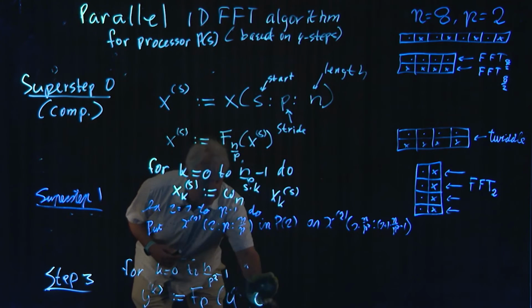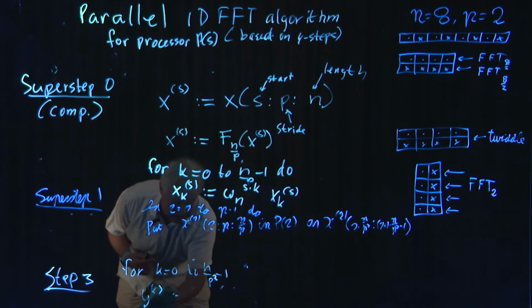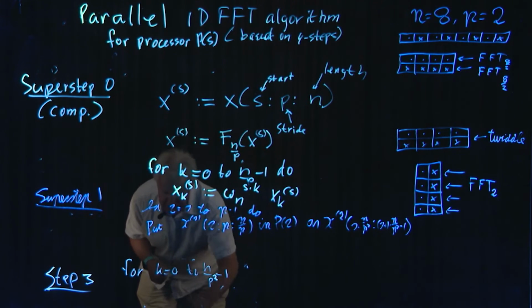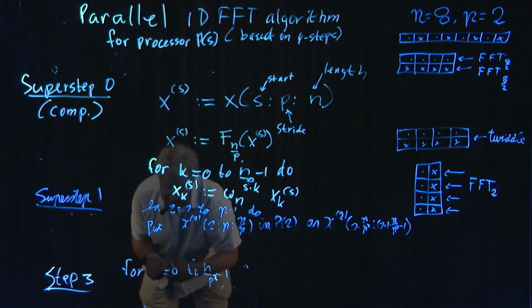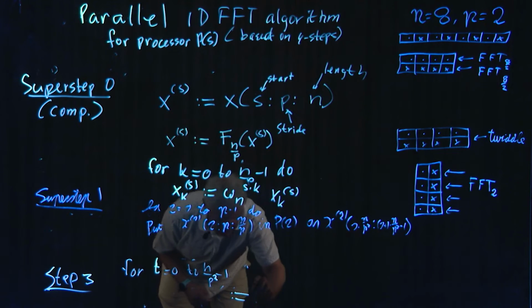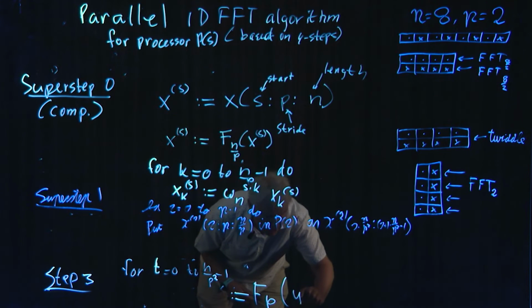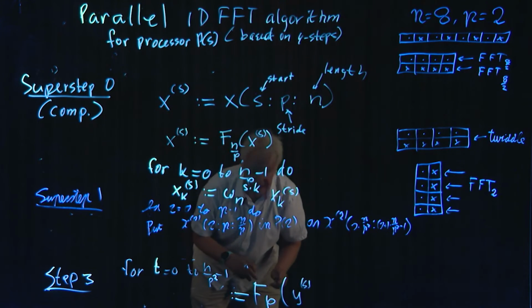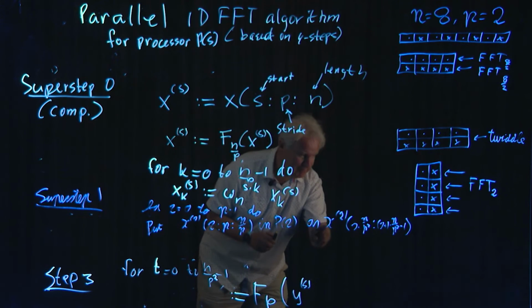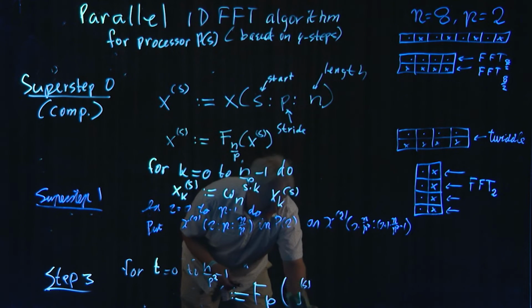Okay, so I'm going to wipe out what we have here. We're going to do n over p squared small FFTs. Let's use a different index, t. So I'm going to do a Fourier transform of length p on my own part of the vector y, because we have, actually we put it and we give it a name, let's call it x.